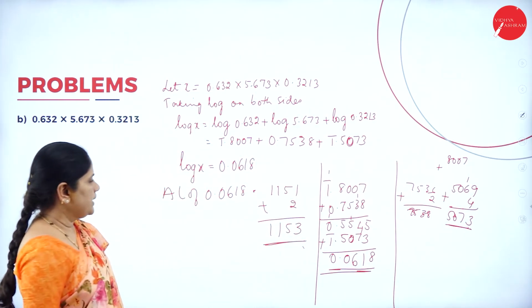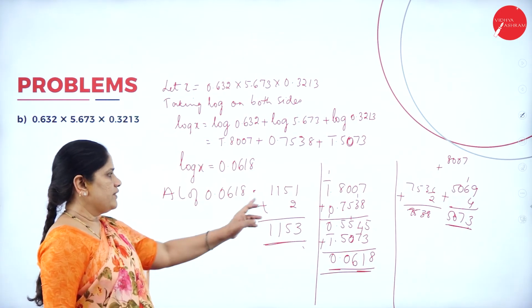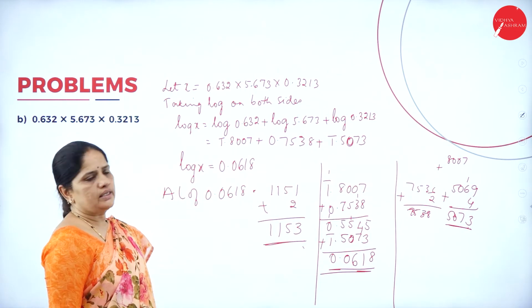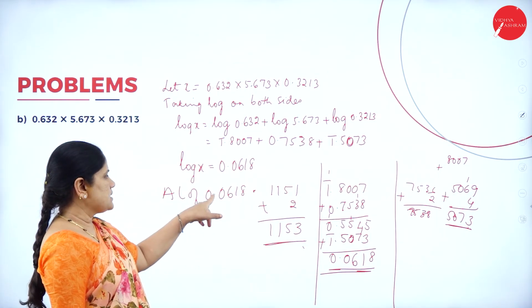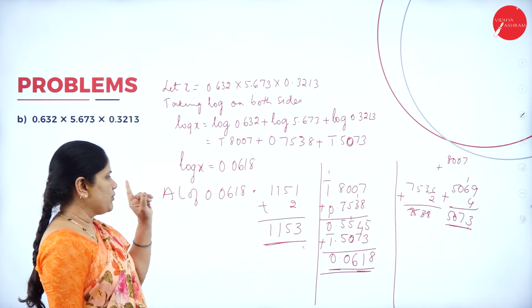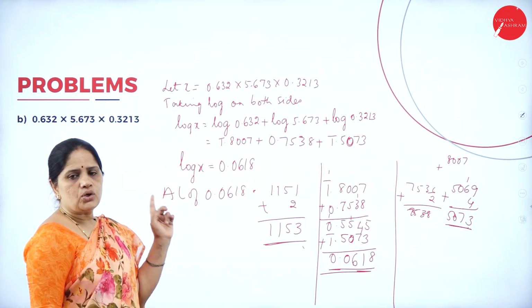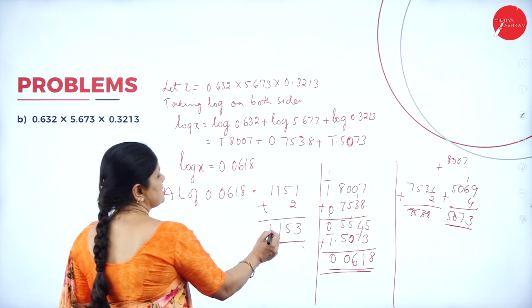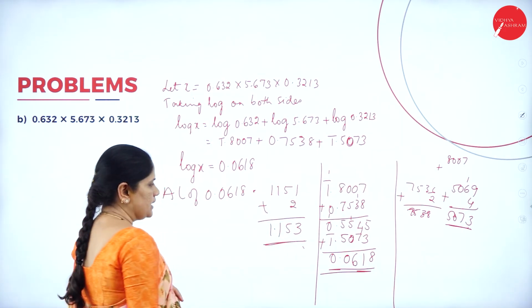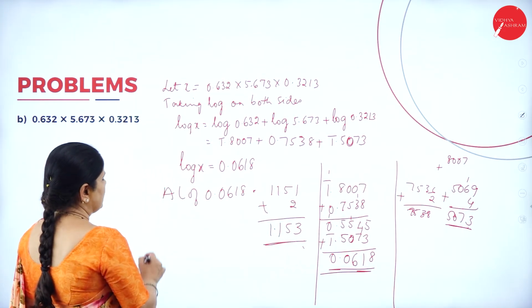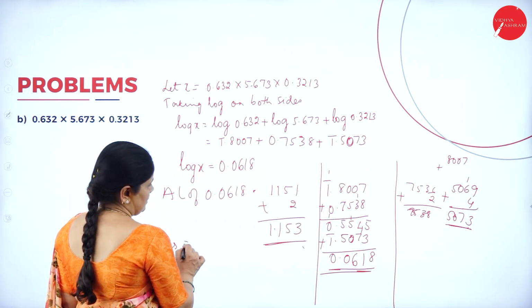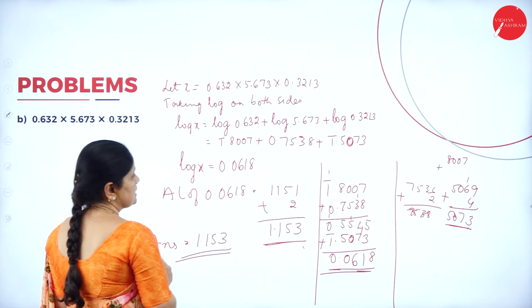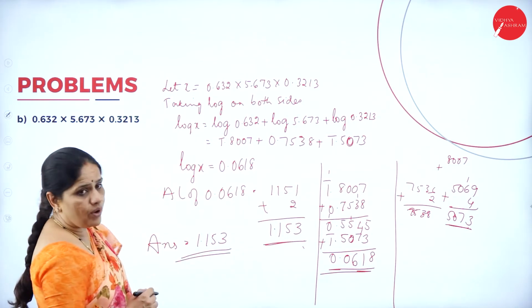So I am getting 1151 plus 2, I will get 1153. Now you see here the decimal point, to the left of the decimal point I have 0. So 0 plus 1 is 1. So after one digit I am just putting the decimal point. So the answer is 1.153. So this is the answer for this problem.